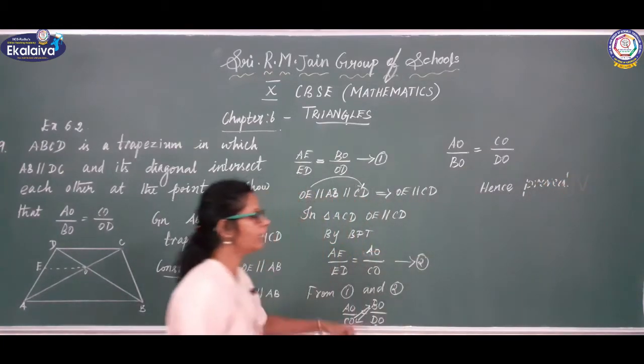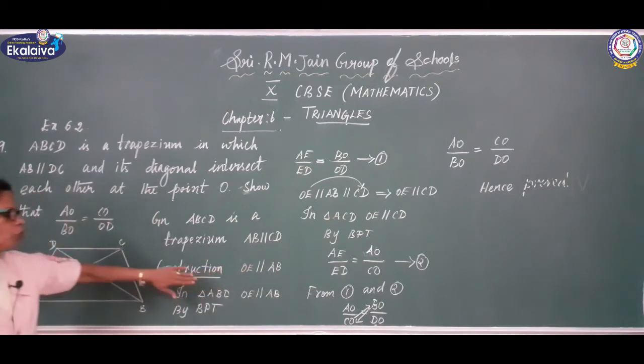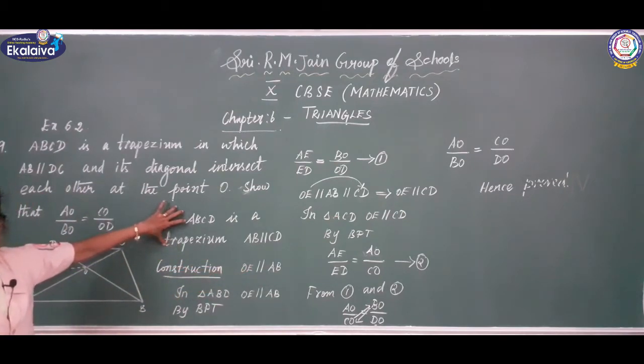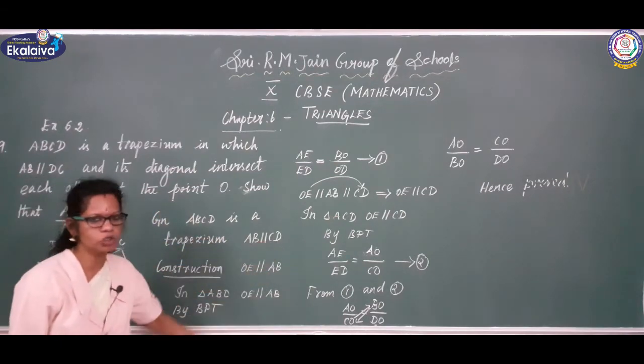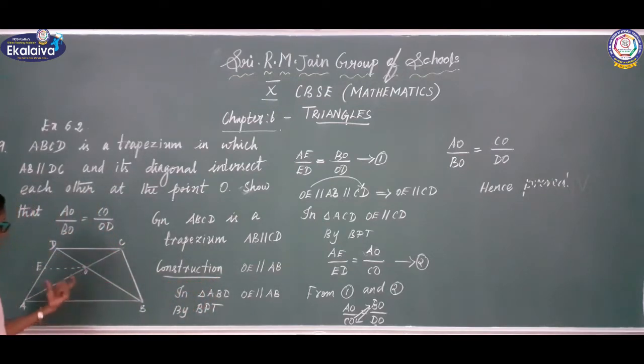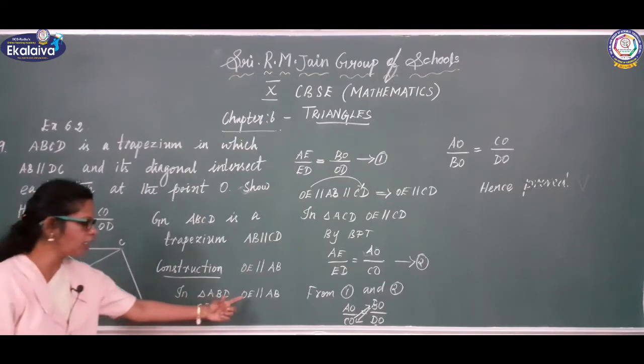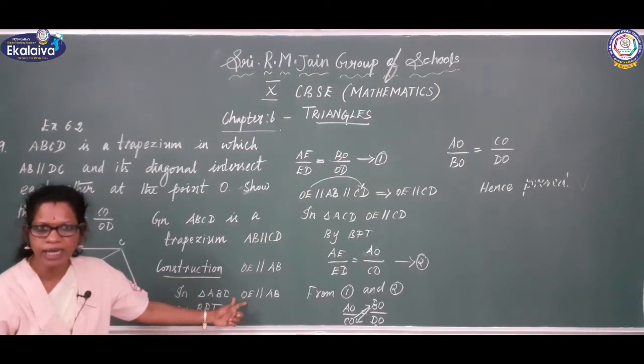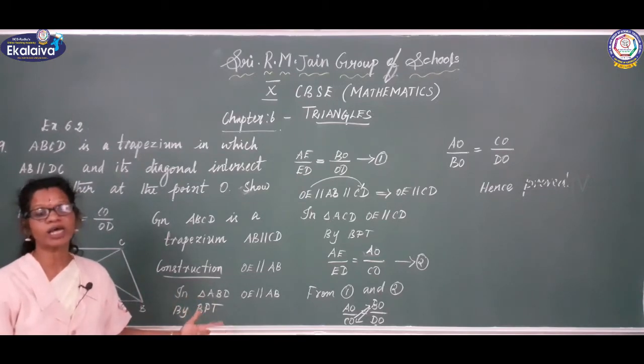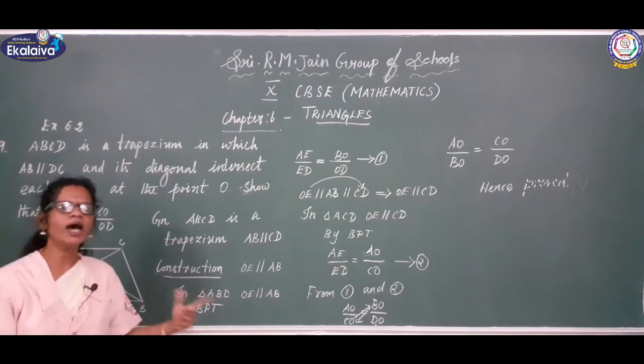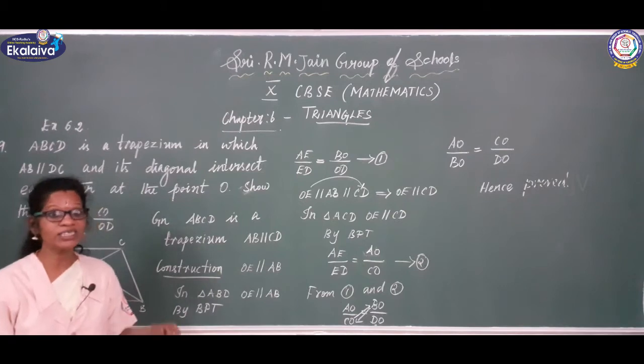What they are asking us to prove, that we proved, right? First we took ABCD is a trapezium, AB parallel to CD. We construct OE parallel to AB. When the line is parallel to one side of a triangle, it intersects other two sides in distinct points, then the other two sides are divided in the same ratio.